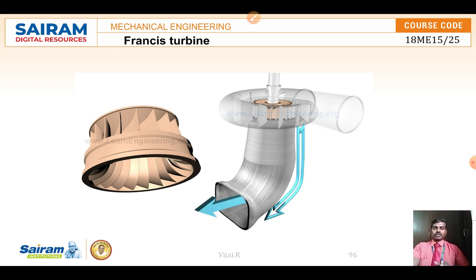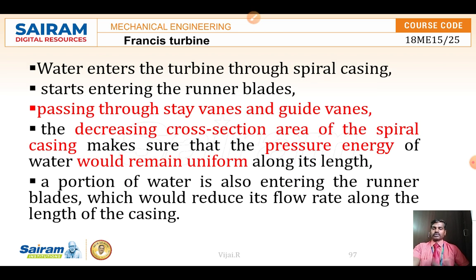The draft tube is connected to the tail race, where the water joins the river or is disposed.